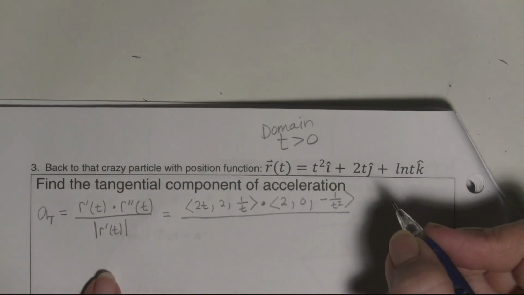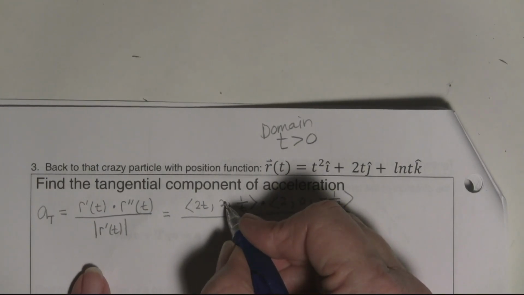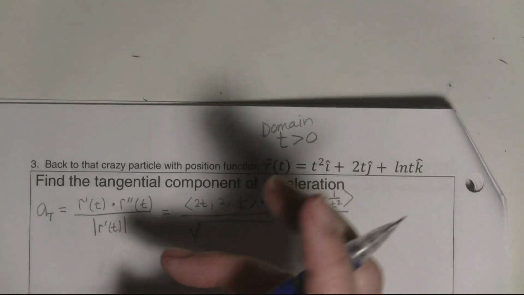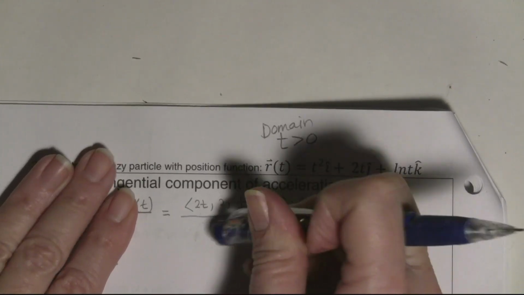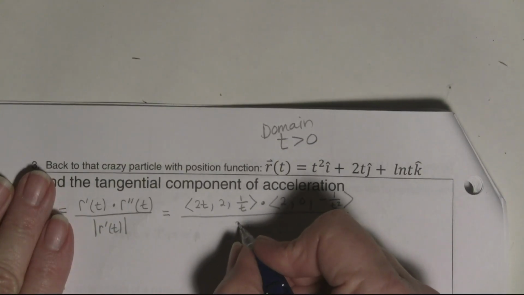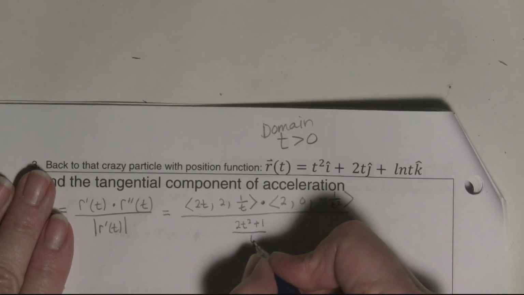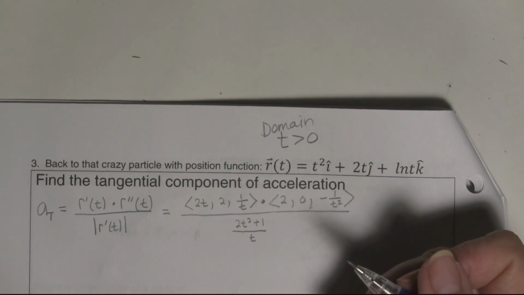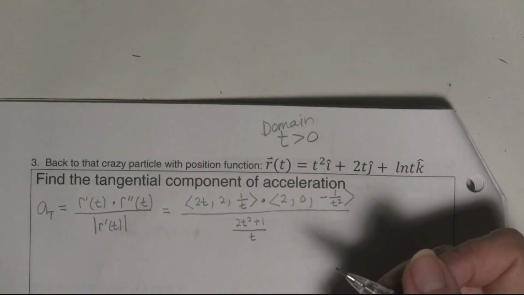And then the magnitude. I want to find the magnitude of this, so that is the square root. And I believe I did so much work on that and simplified it so much. Do you guys remember what I got? I got 2t squared plus 1 over t. This is when I really care that I don't have the absolute value around that, because if I had the absolute value around that, it would be difficult to simplify this.